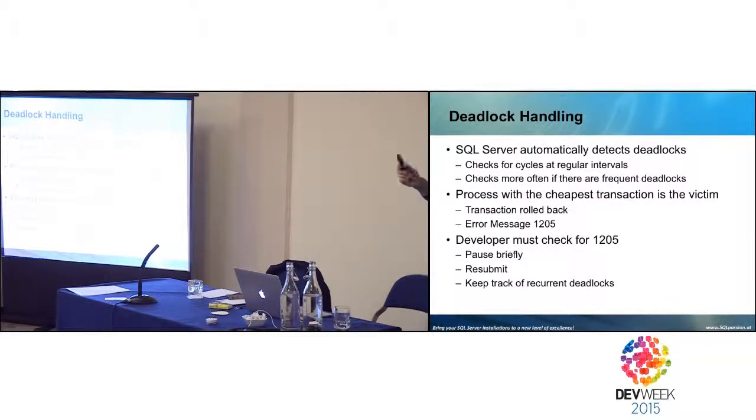The only thing that we do is the following. We check if we got that error message number. If yes, we wait a few seconds so that we give the other transaction some time to continue and finally commit or roll back its work. And finally, we just retry our transaction.